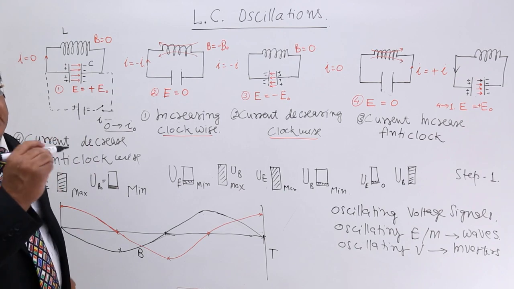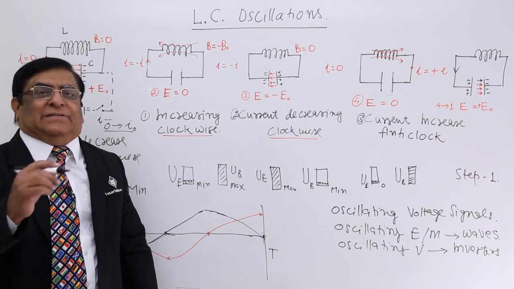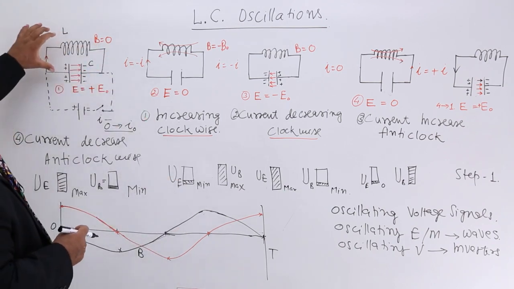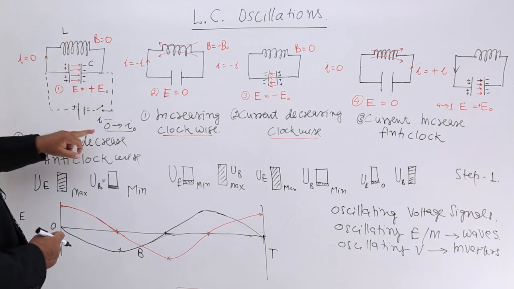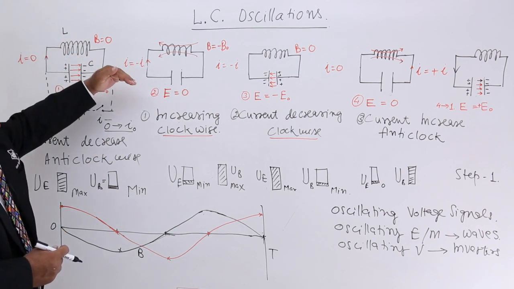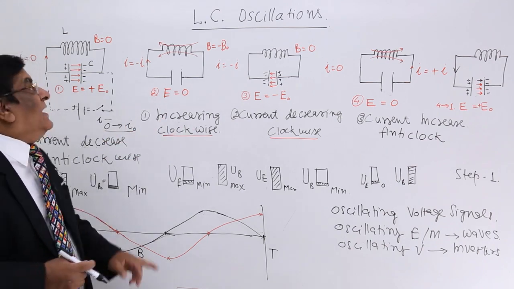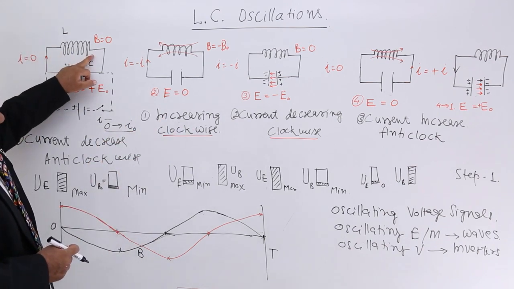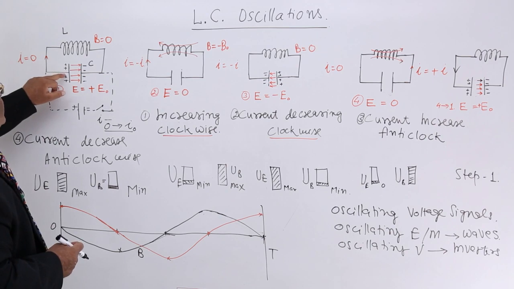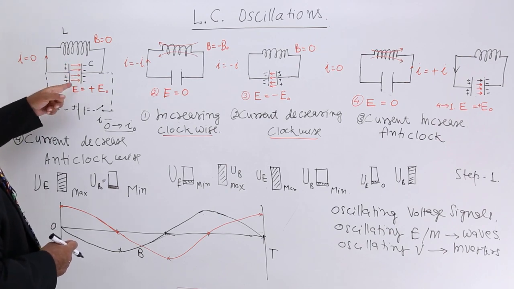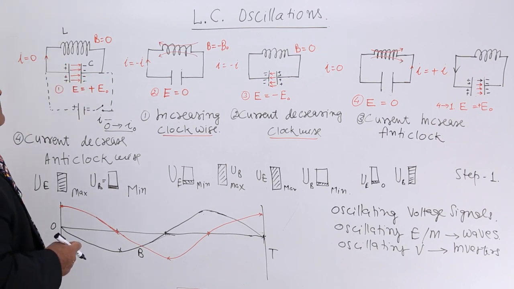It opposes any increase or decrease of current in the circuit. So changing current, it will not allow to pass. If this does not allow it to pass, then all the current goes there, and this will also not allow it to pass. So what will happen?